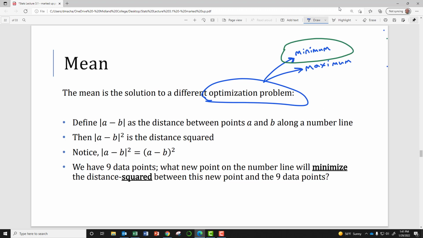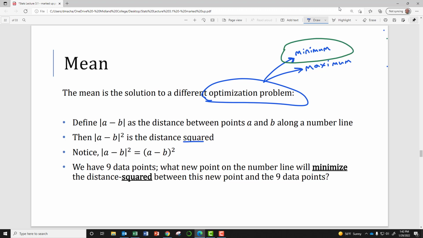So we define |a - b|, the absolute value of a minus b, as the distance between points a and b along a number line. And we've already spoken about why that is, and I drew a number line for you on a previous slide. But what I want to emphasize now is that if I just square that, that allows this quantity to be the distance squared.